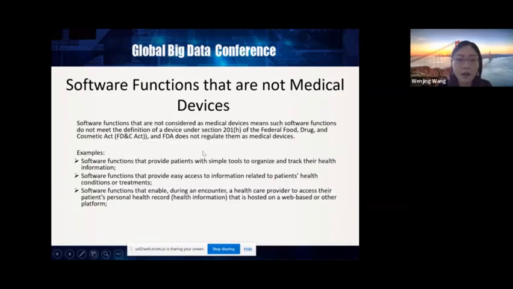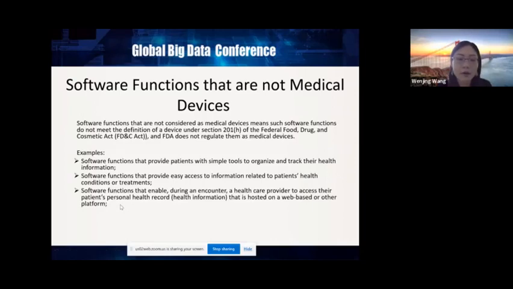So I'm going to talk about those different scenarios. If the software functions are not medical devices, then they don't meet the medical device definition, and FDA doesn't regulate them as medical devices. So here are some of the examples I listed.